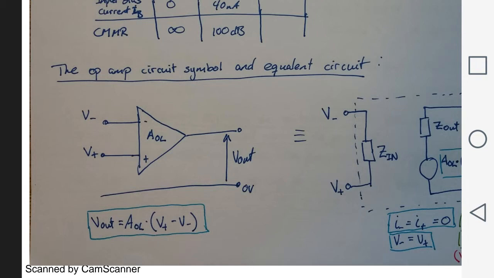The equation to calculate the output voltage is the open loop gain times the difference of the input voltage on the non-inverting input minus the input voltage on the inverting input. So this is the schematic symbol and the equation to calculate the output voltage.